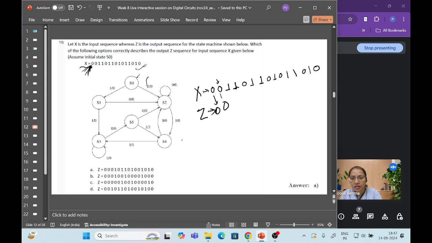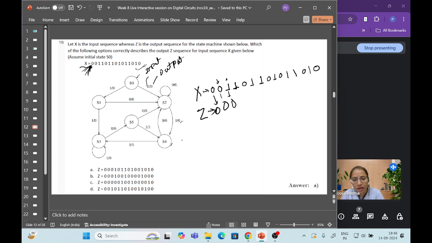So here is the input, and this one is the output. Now we are again in state S2, and the next input is 1. For 1 it moves to S4, and the corresponding output is 0. So S2 to S4 with output 0.